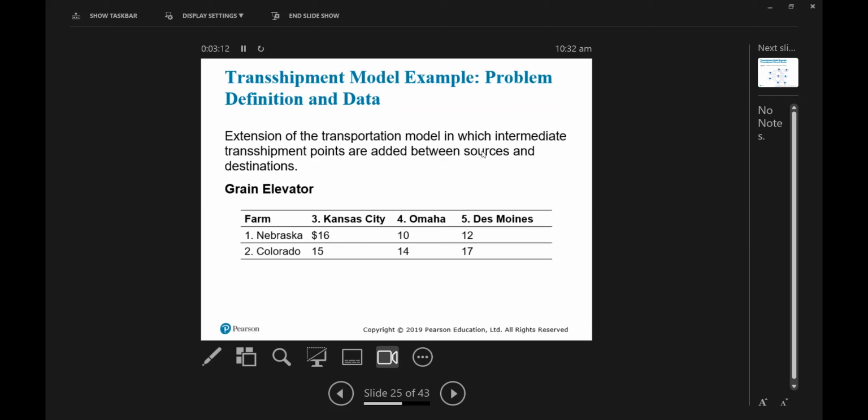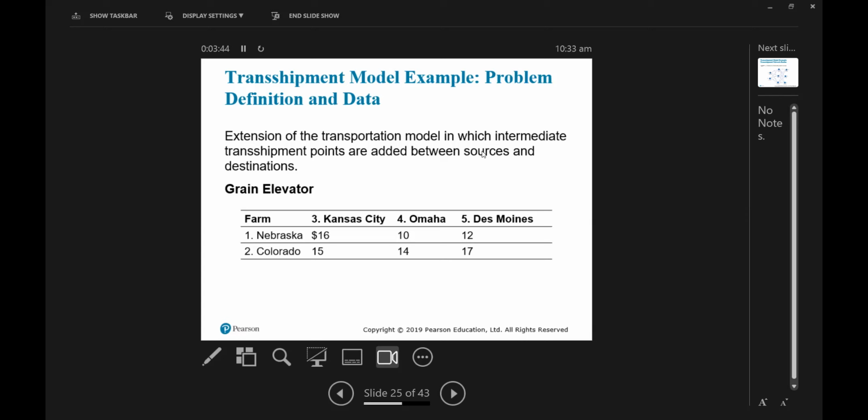So let's look at a quick example. We are building on the problem that we have just solved. This is additional information. The additional information is that the items must come from 2 farms, one in Nebraska and the other in Colorado.